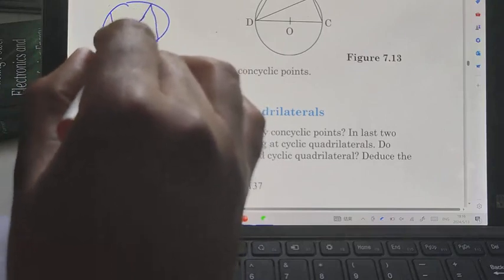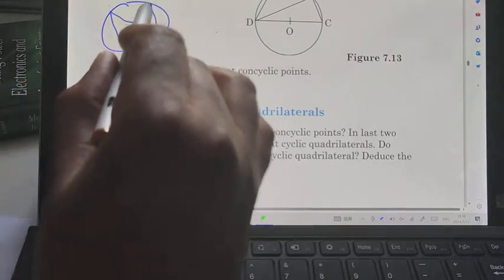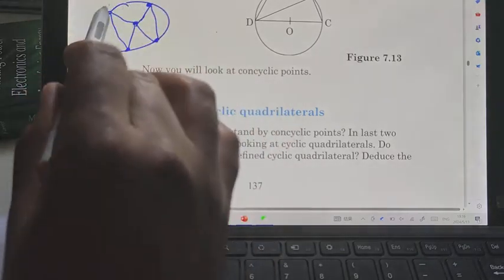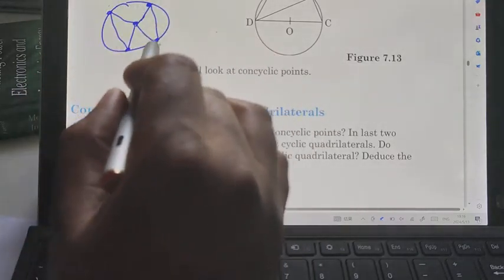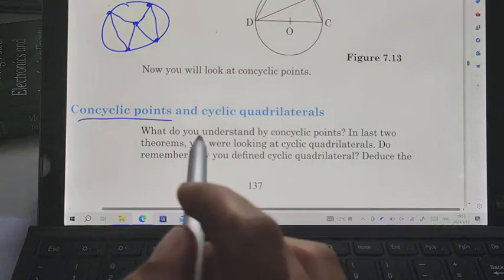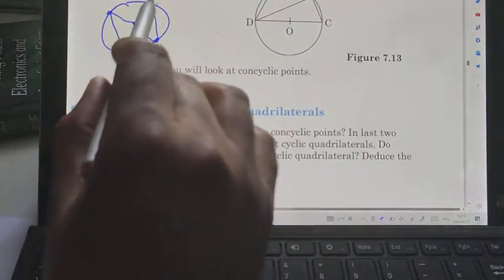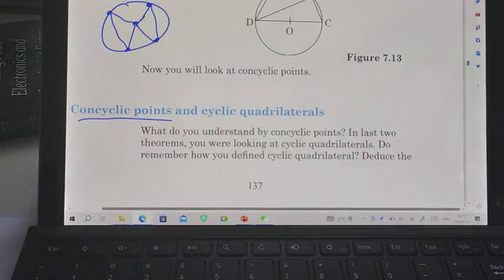As long as these points are lying there, these points are called concyclic points. You can have any form of a figure, as long as its points are lying along the circumference, those points are called concyclic points.